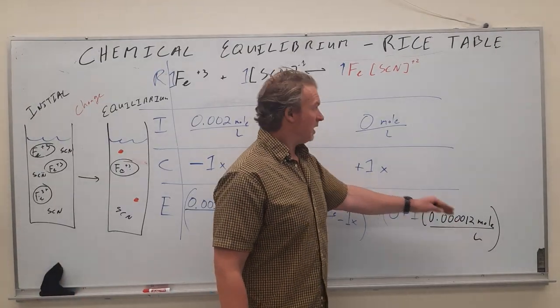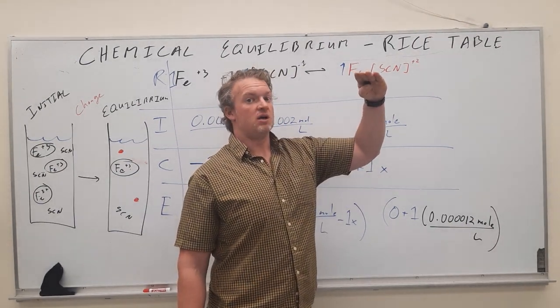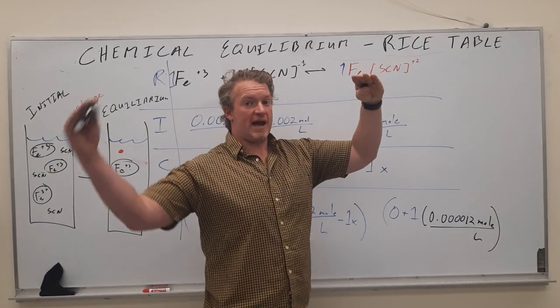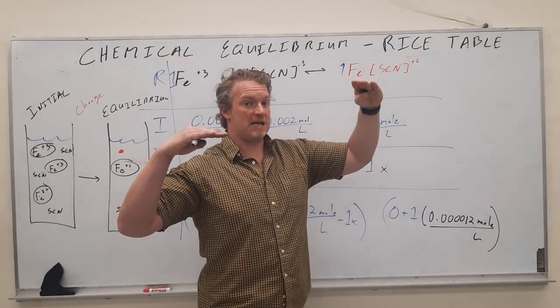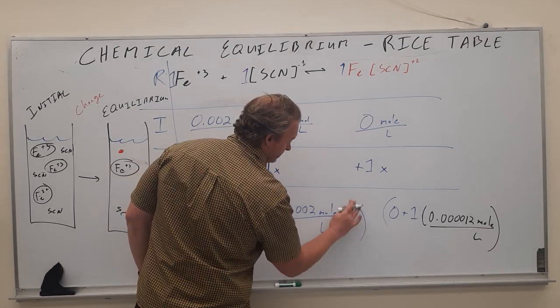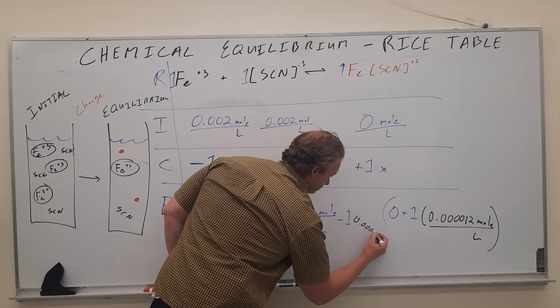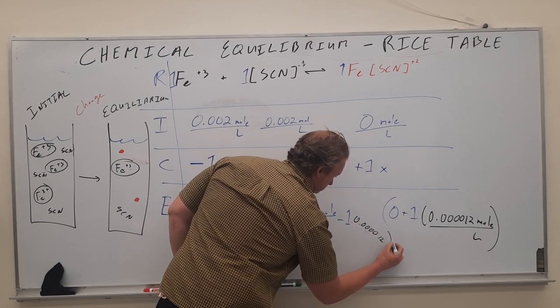0.000012 moles per liter, that is how much this went up, the product. Logically, that means the reactants must have gone down the same amount. So we would put in the 0.0000, what was that, 4 zeros? 1, 2.